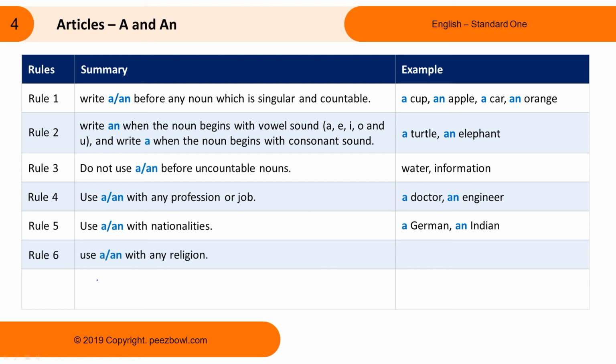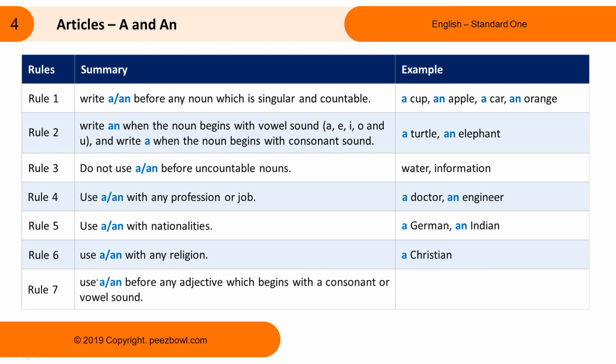Our next rule is to use a or an with any religion, like we saw, a Christian. Rule number 7 says to use a or an before any adjective which begins with a consonant sound or vowel sound, which means that if any adjective begins with a consonant sound, then we need to use a, and if any adjective begins with a vowel sound, then we need to use an. For example, a nice teacher, an excellent plumber.